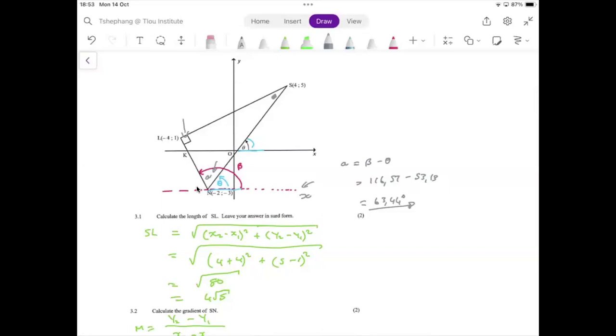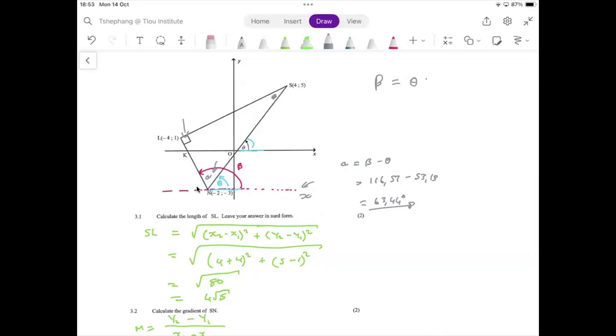On that x-axis, we can calculate beta if this is beta, so this whole angle is going to be beta. Now, I'm saying that beta is equal to theta plus alpha. But we are not looking for beta. We want to find alpha ultimately.